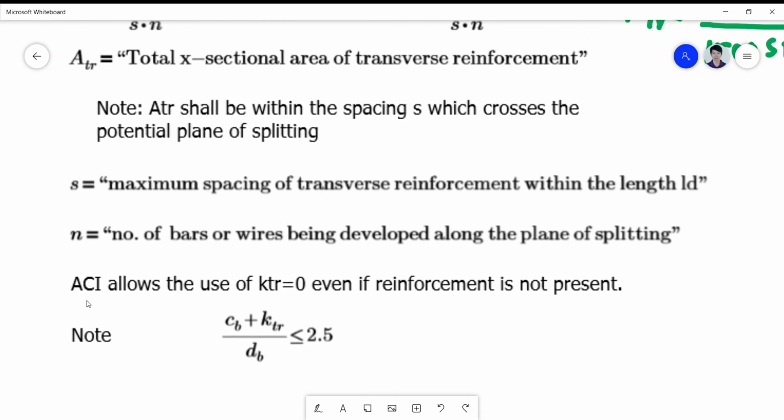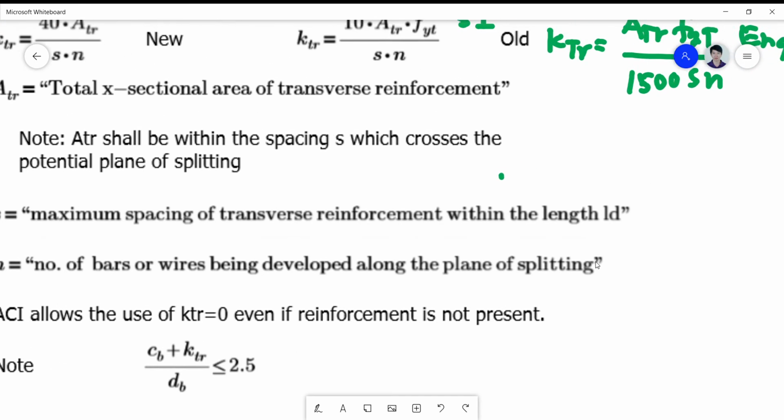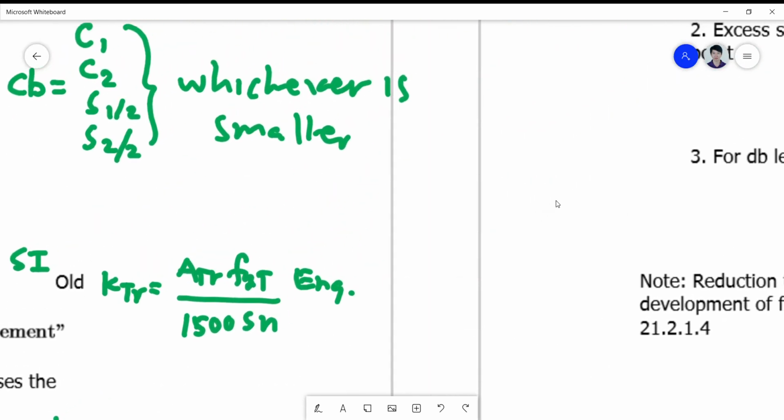Also, ACI allows us to use a value of Ktr equal to 0 even if reinforcement is not present. Note that Cb plus Ktr, all over db, must always be less than or equal to 2.5. Again, you cannot exceed the limit of 2.5 for this value of Cb plus Ktr.